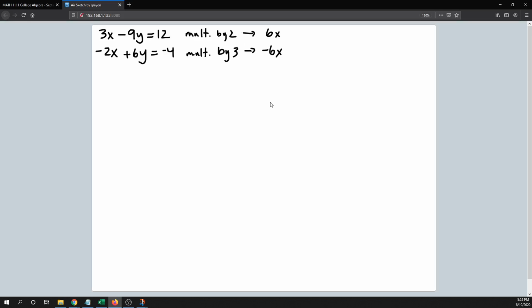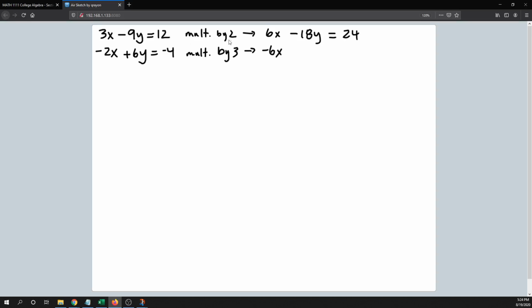Okay. And of course I have to multiply the rest of the terms as well, right? So negative 9y times 2 will be minus 18y. 2 times 12 will be 24.